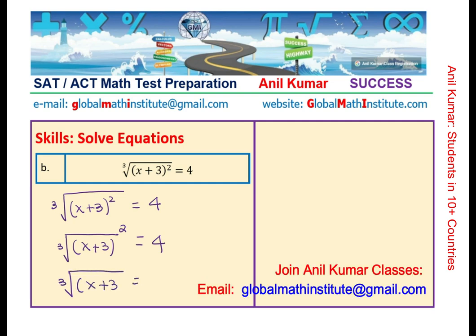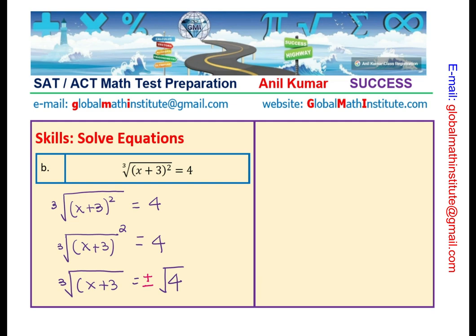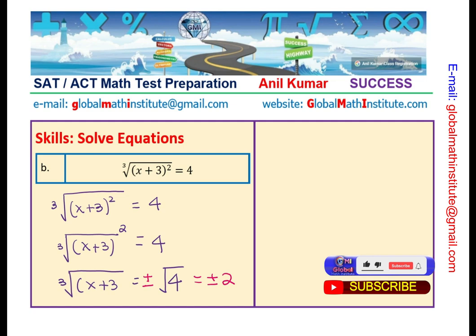And when you do square root of 4, one mistake which you should not do at this stage is whenever you do square root, you should write this as plus or minus, since even minus 2 squared is 4, right? So we get two different values here, plus or minus 2. Does that make sense? Now, this is a very critical step which sometimes is missed, and then you will lose the marks.